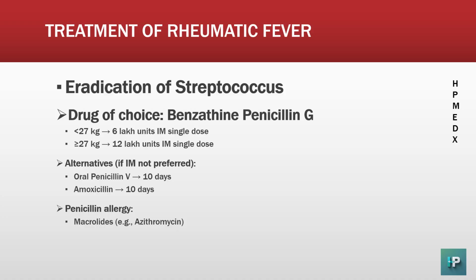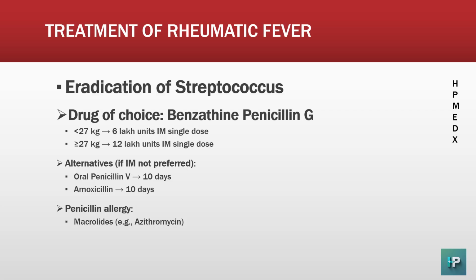And let's see the treatment of rheumatic fever. The treatment mainly starts with eradication of streptococcus, and the drug of choice is benzathine penicillin G, and its dose mainly depends on weight.